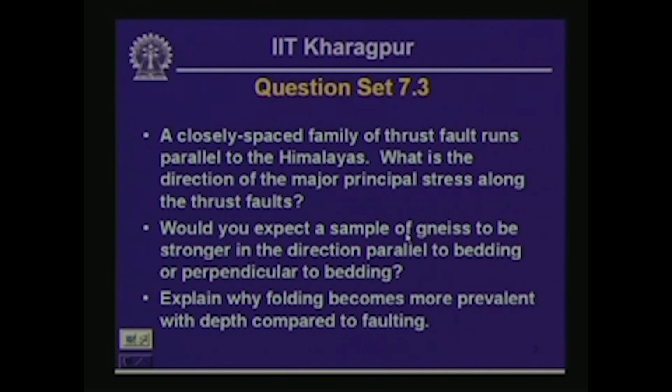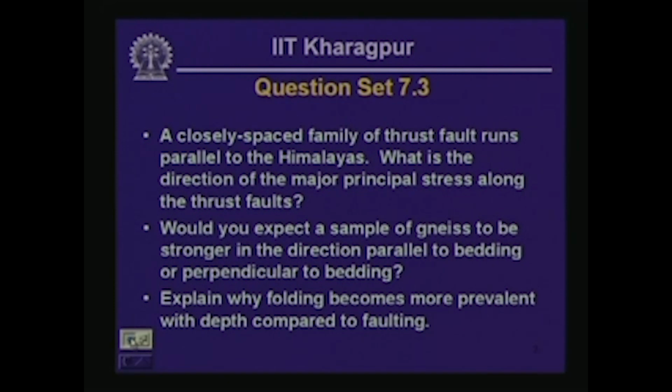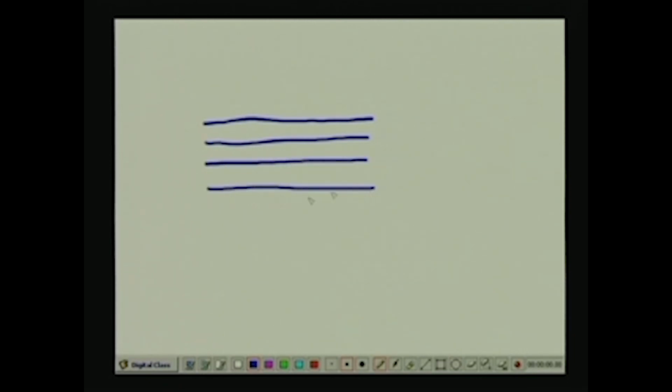Now let's look at the second one. Would you expect a sample of gneiss to be stronger in the direction parallel or perpendicular to the bedding? Now let's consider this question once again. So let's say that the gneissic rock has got bedding planes oriented in this manner.